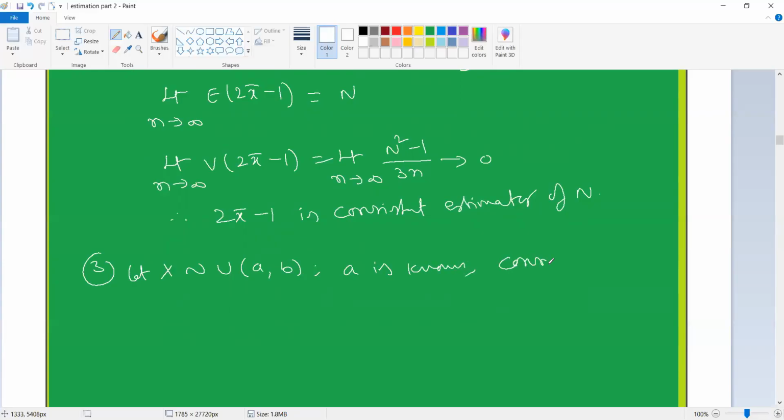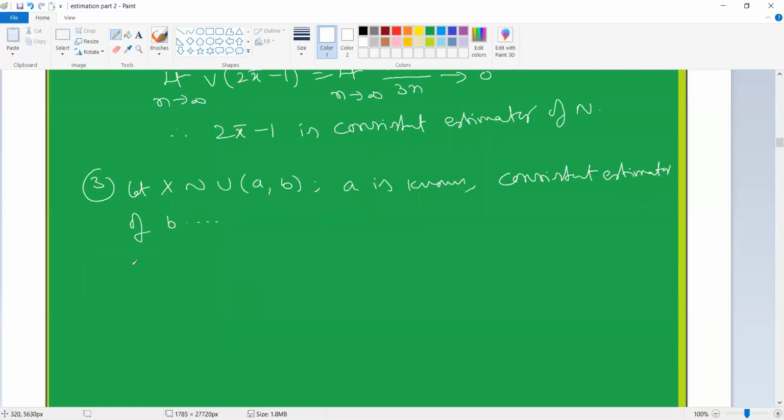Now find a consistent estimator of B dash.